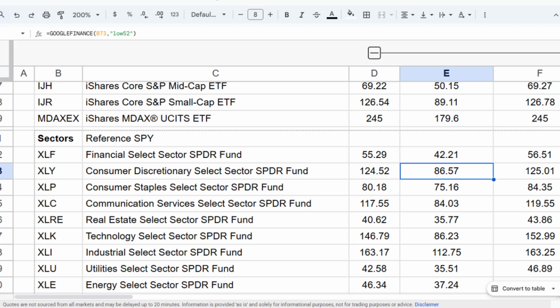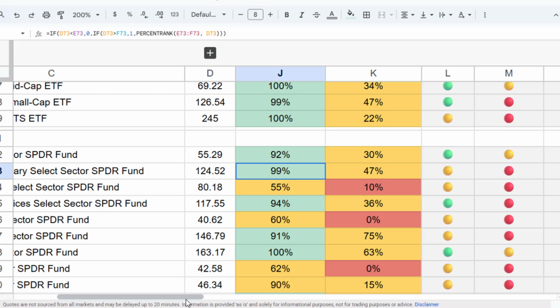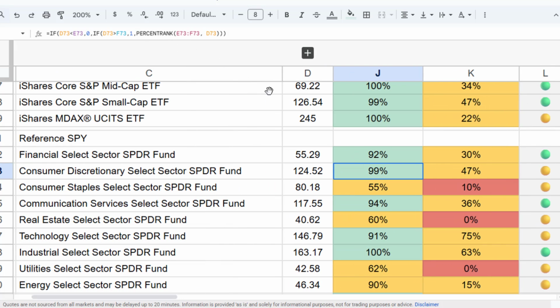And this is where the percentage rank comes in. We know here with the percentage rank how far it is to the high value or to the low value.